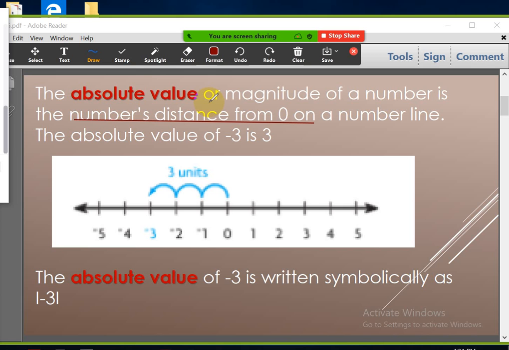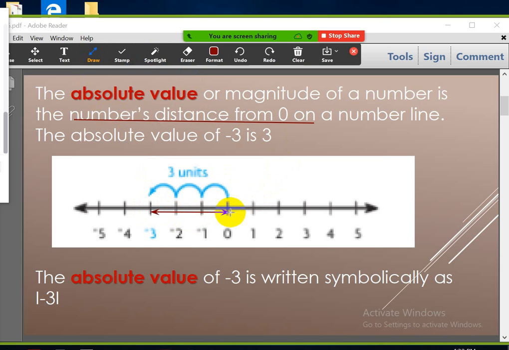So if I have as a rational number negative 3, what is the absolute value of negative 3? You know, the absolute value is the number's distance from zero. That means it is the distance between the number on the number line and the 0 point.